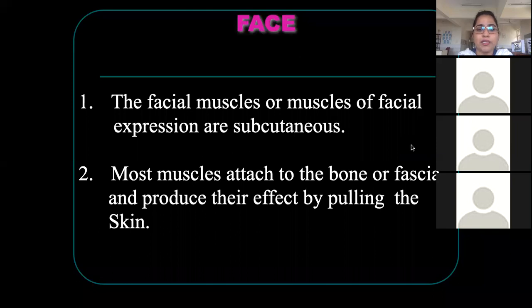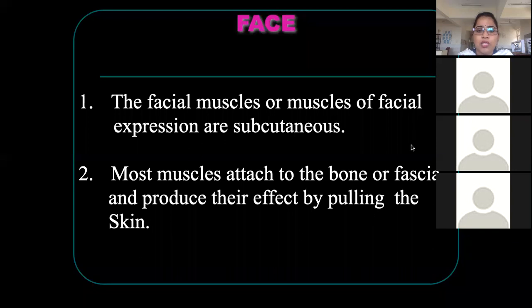Now these openings have to be closed and opened, and we require that frequent movement. We are talking, using muscles, opening and closing the mouth, moving in different directions. So this requires flexibility. To have that flexibility, the face doesn't have deep fascia.